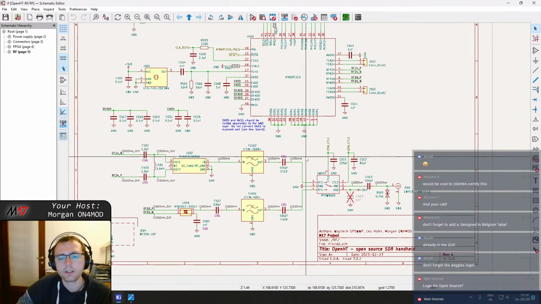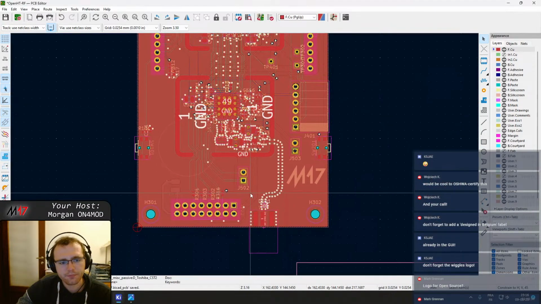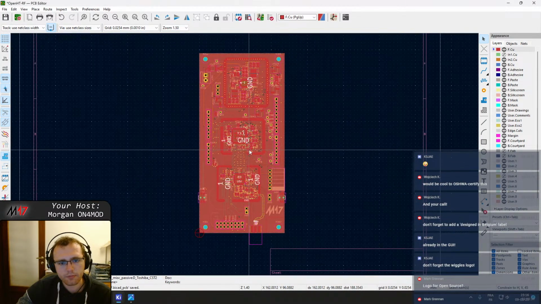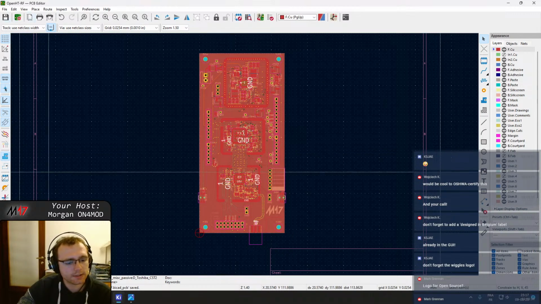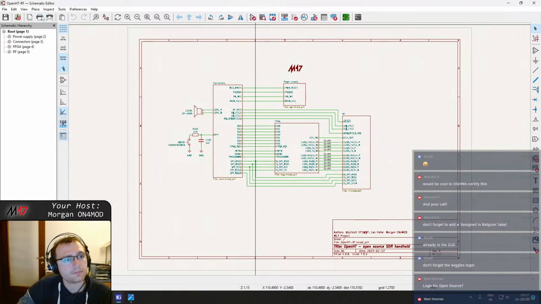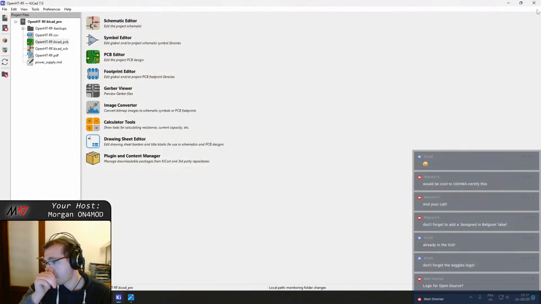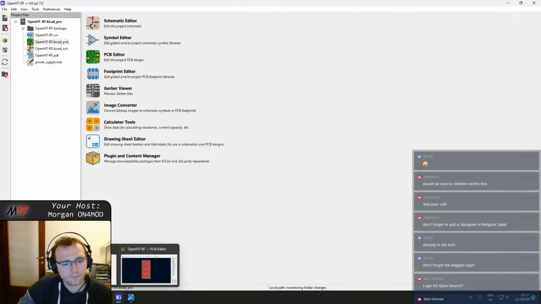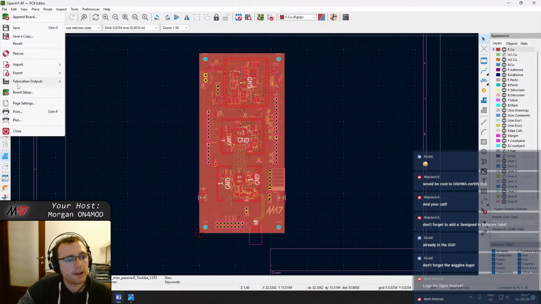There is no polarity to it, so we don't worry. Okay. Let's re-export the schematic because it changed. Okay, done. Re-export the step file.